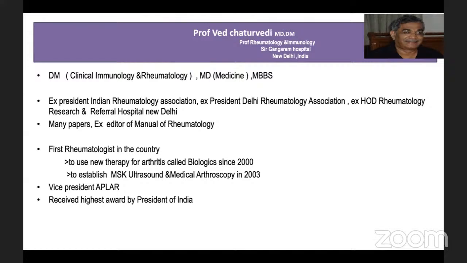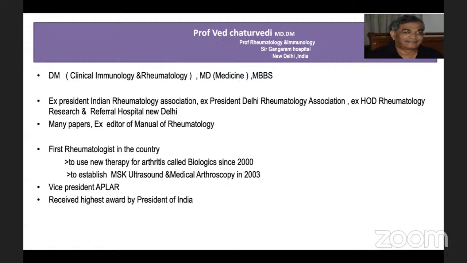Before moving on to today's session, let us have a brief look at what the topic says. Rheumatoid arthritis is diagnosed through a combination of clinical assessment, blood tests for inflammatory markers such as C-reactive protein and erythrocyte sedimentation rate, antibodies like rheumatoid factor and anti-CCP antibodies, as well as imaging tests such as X-rays or ultrasound.